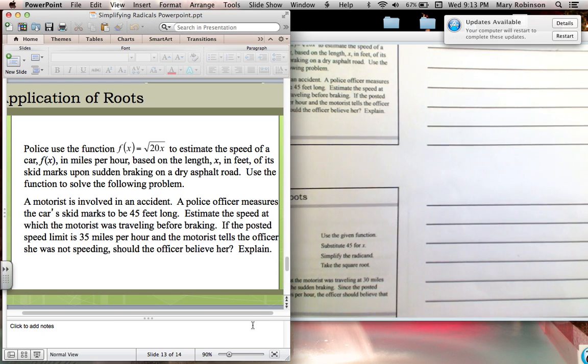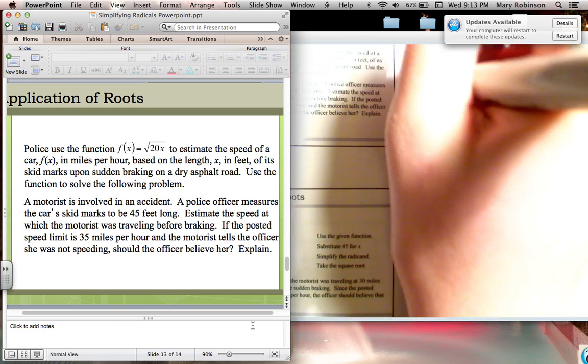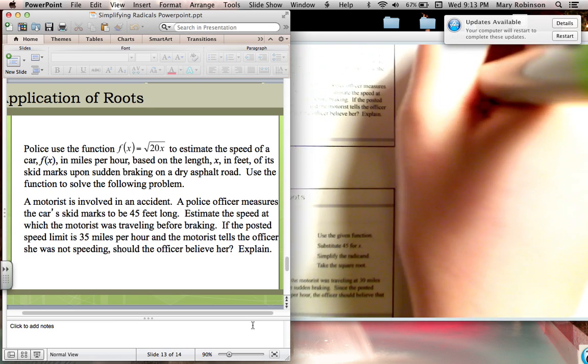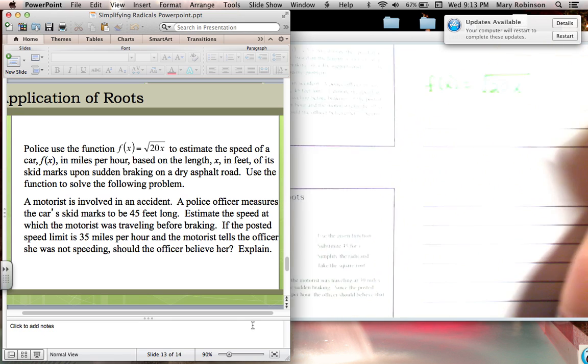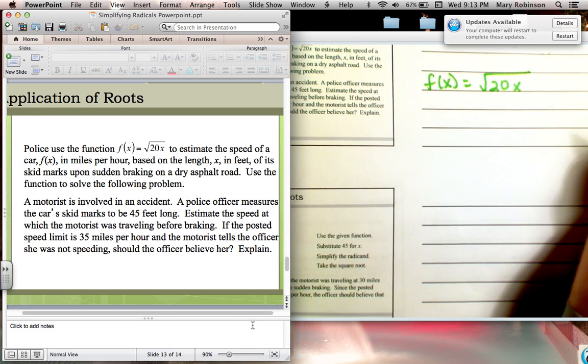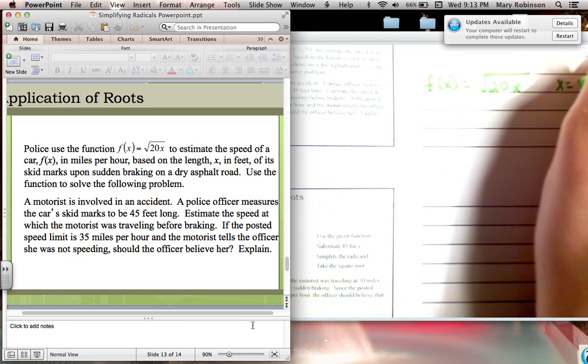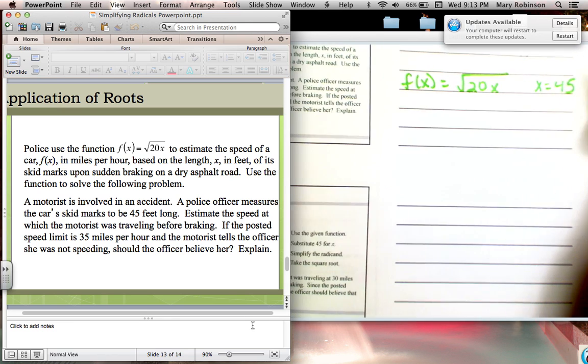We have that f of x equals the square root of 20x. And now we know here that x represents the length of the skid marks. Well, it told us the skid marks were 45 feet, so we have that x equals 45.